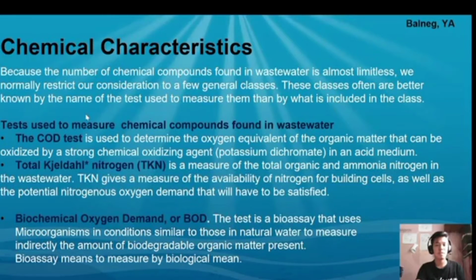The chemicals that we intake will be part of the wastewater that we produce in the septic sewage. The chemical characteristics of the wastewater are not limited to what we consume. It also includes the different chemicals we use, especially in the production process, and also in the laundry and the cleaning that we do in our households.